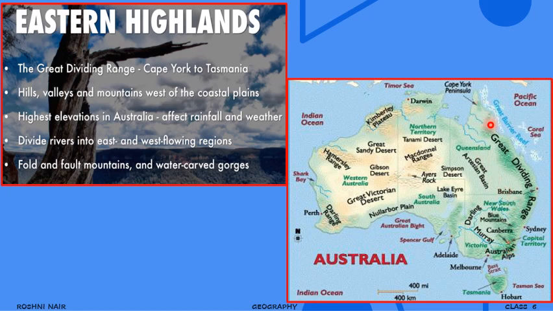And these mountain ranges, you can see here, are broad and low in the north, but the same mountains are narrow and high in the southern part.